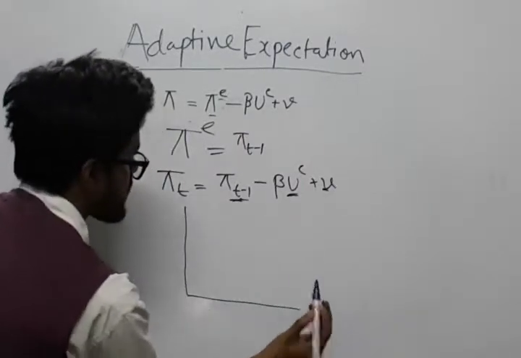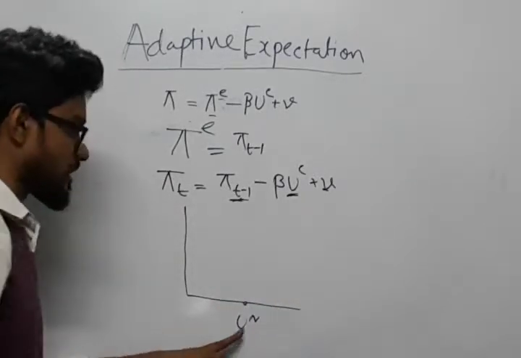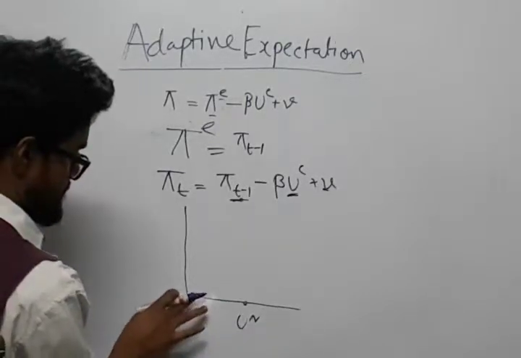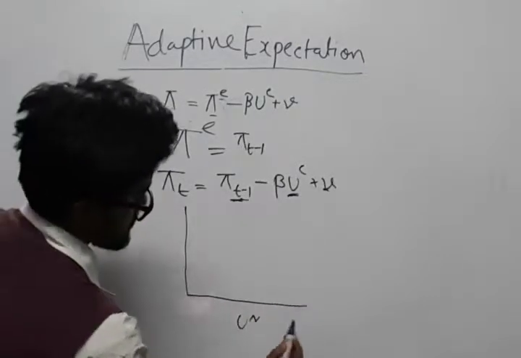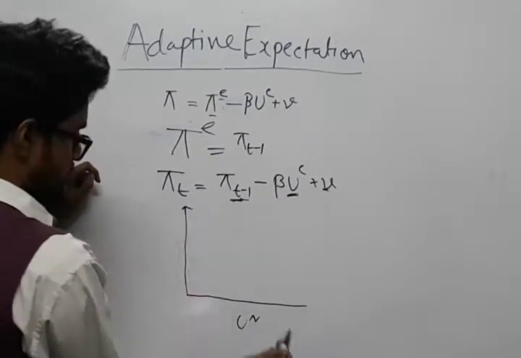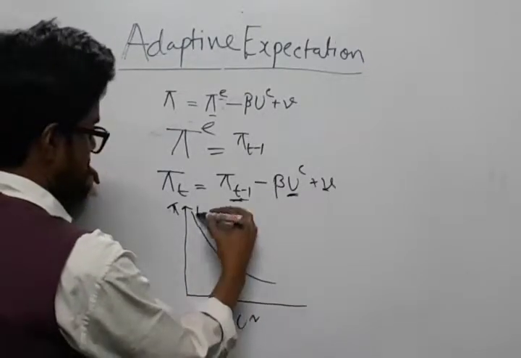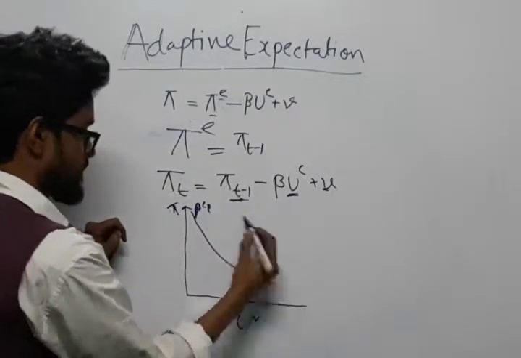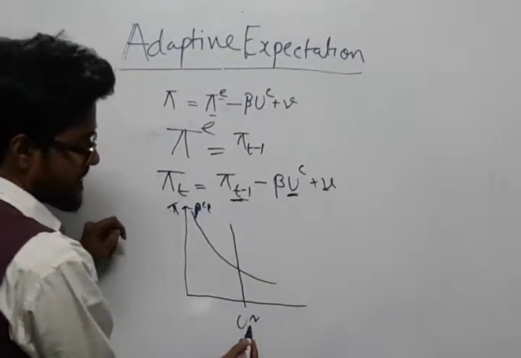Suppose the natural level of unemployment is fixed at this level, and say inflation is at this level, this is PC1, which is nothing but Phillips curve 1. U n is fixed at this level.